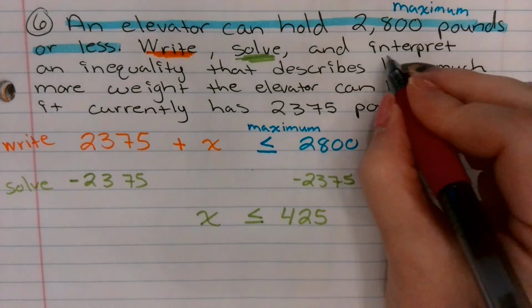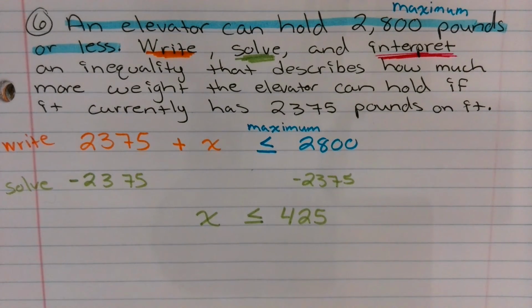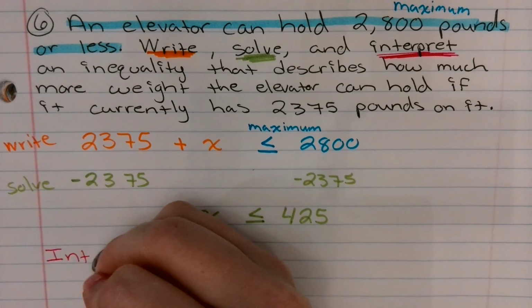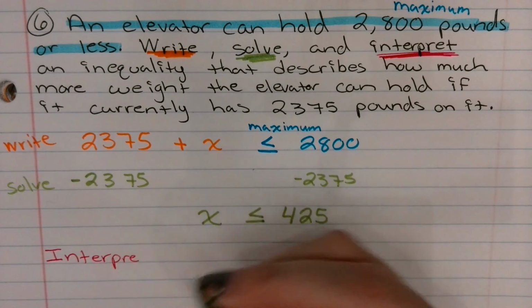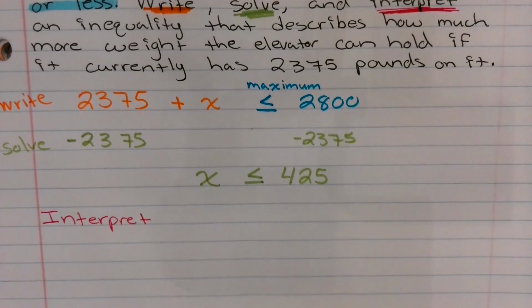Now it says to interpret, to make an interpretation. So interpret what that means. When it says that x can be less than or equal to 425, that means that the most weight you can put into that elevator is 425 pounds.